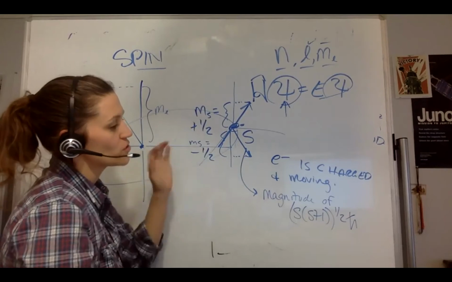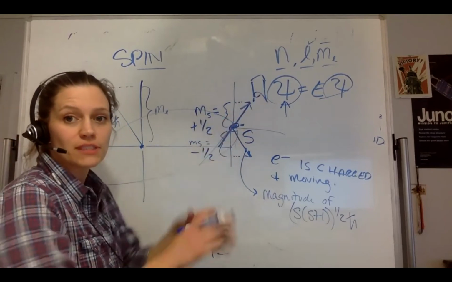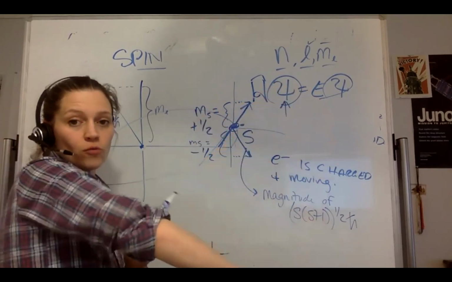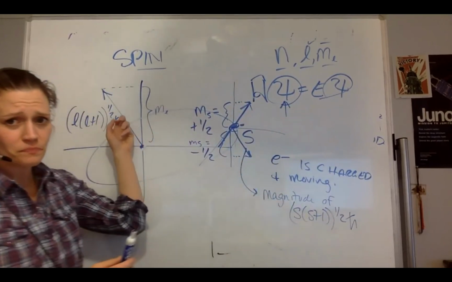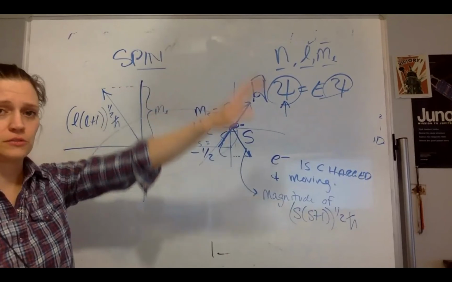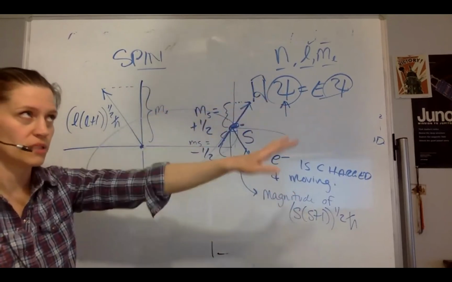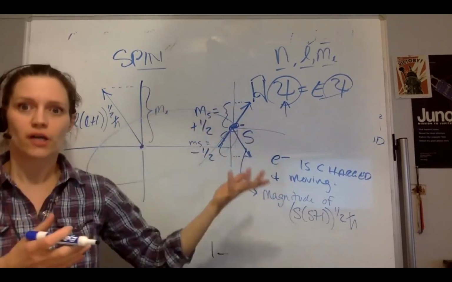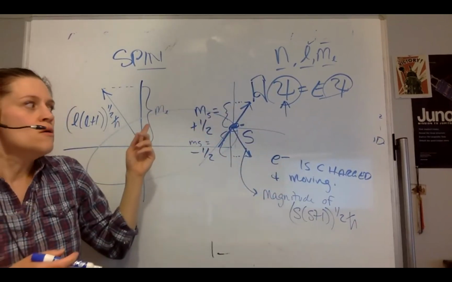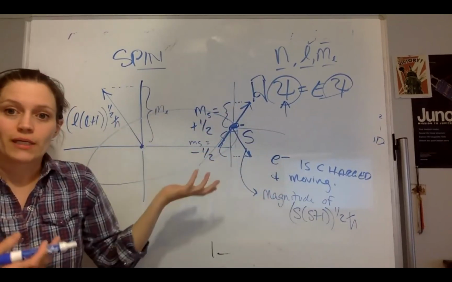And so its quantization of space happens to be only plus 1/2 or only minus 1/2. It can't exist in between. Unlike with the angular momentum, where you can have -2, -1, 0, +1, +2, and so on, depending on the degree of your angular momentum L, for S you only have plus or minus 1/2 options.